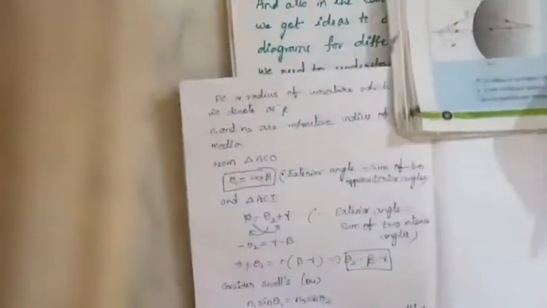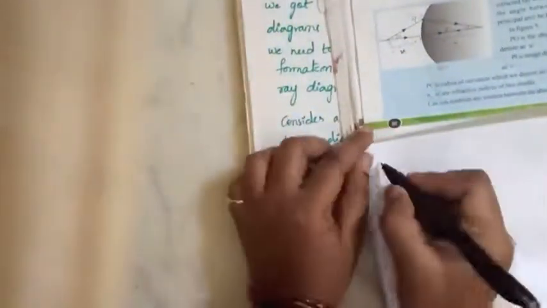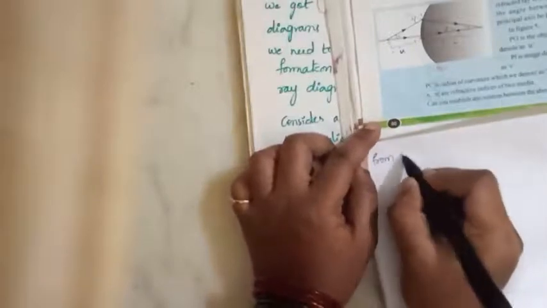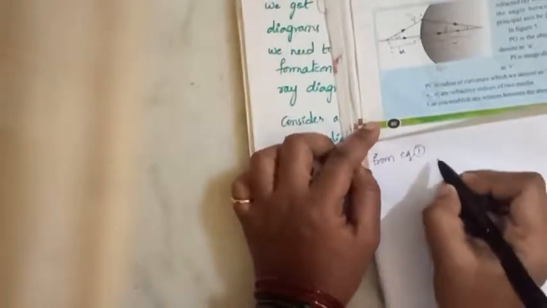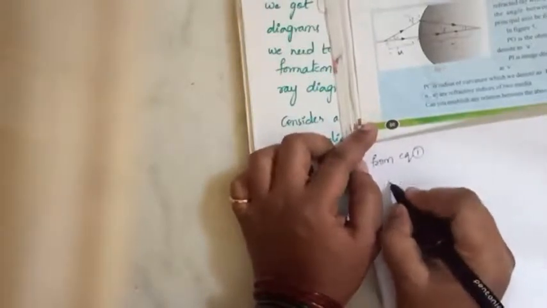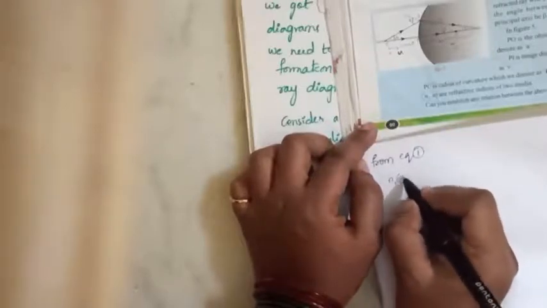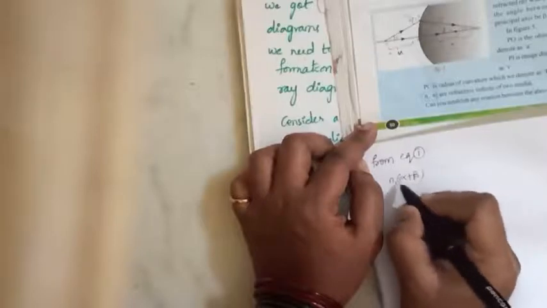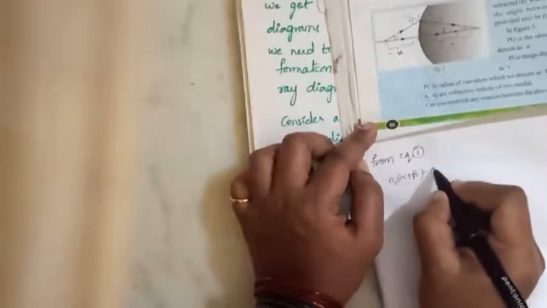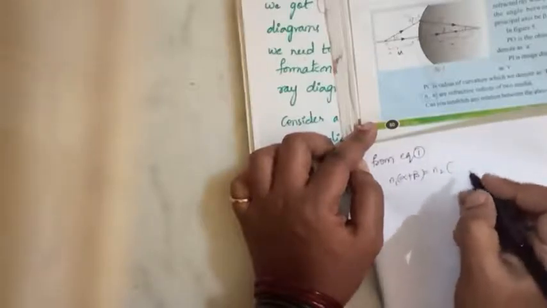From equation 1 we are writing n1 sin of alpha plus beta, which I am substituting as alpha plus beta, is equal to n2 into sin of beta minus gamma.